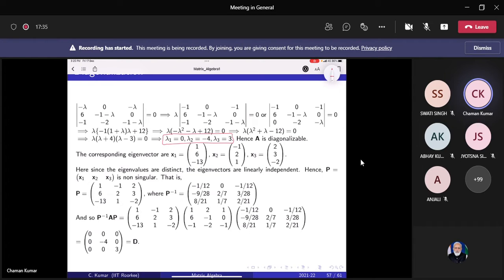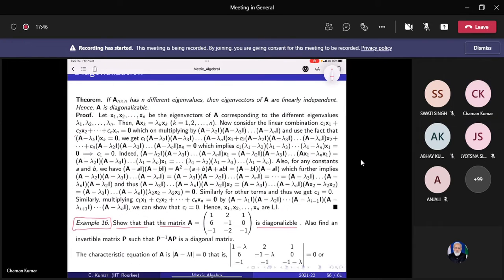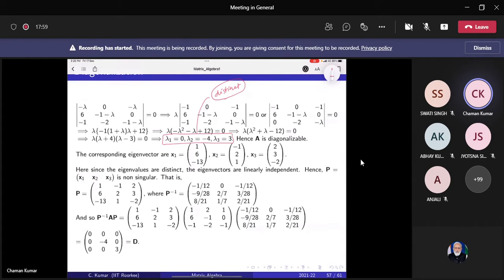And these eigenvalues are distinct. From the previous theorem, if you have n distinct eigenvalues, then the eigenvectors are linearly independent, and therefore A is diagonalizable. So using this theorem, you can immediately say that A is diagonalizable. Fine.